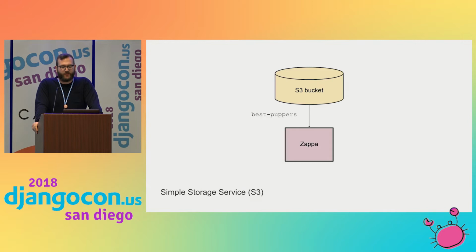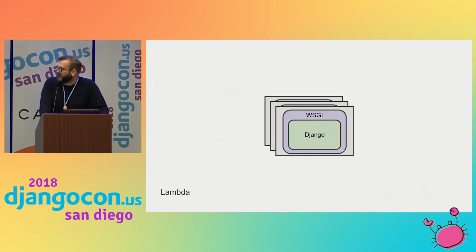And so we're going to tell Zappa where to put its stuff by referencing that bucket name as well. And the next piece, which is sort of the crux of it, is that we need to put our Django application into Lambda. And there's sort of this wrapper around it that does that WSGI translation for us. And then Lambda can handle all of that horizontal scaling that we talked about earlier.